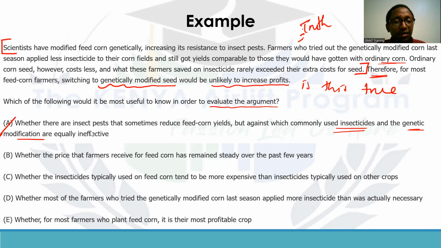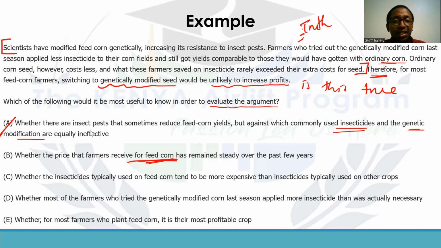B, whether the price that farmers receive for feed corn has remained steady over the past few years. So you see, now this tries to see the price that farmers receive for feed corn. We know feed corn now is either ordinary or the genetically modified seed.